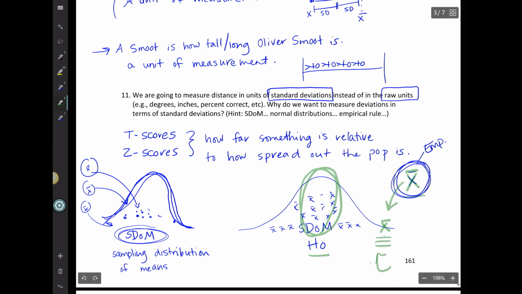Why is this mean way out here if we would expect, if the null is true, the means to be over here? So when our means are sticking out in these areas where there's not very much happening, it's weird to see our result out here where there's hardly any sample means.